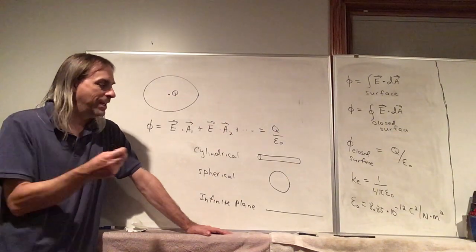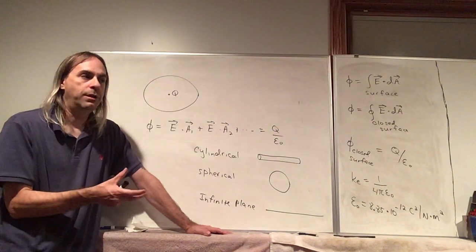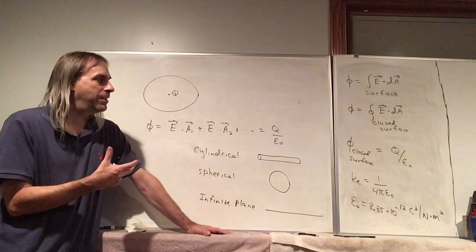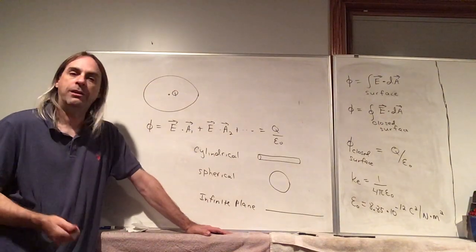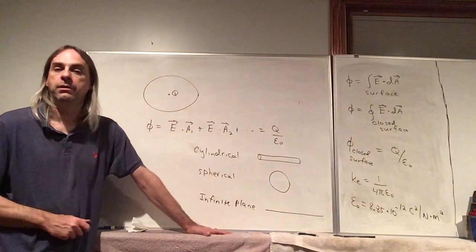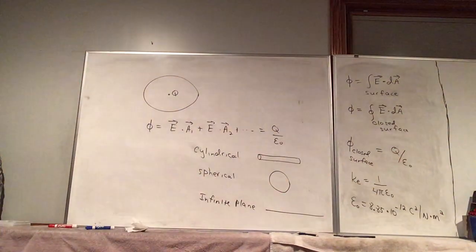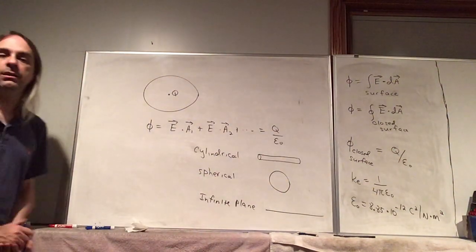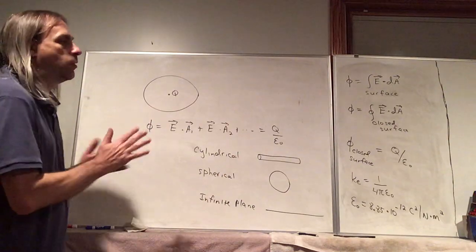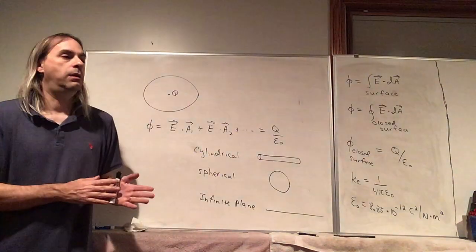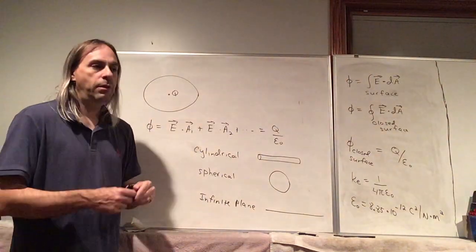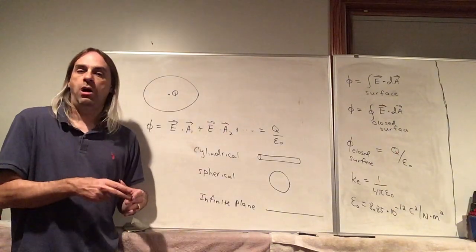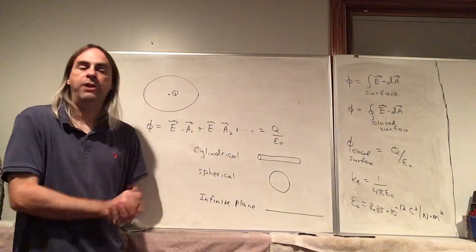And another reason Gauss's law is important is because it is one of the fundamental equations of electromagnetism. So it's kind of equivalent to Coulomb's law. So what that means is you can accept Coulomb's law as being your fundamental equation.